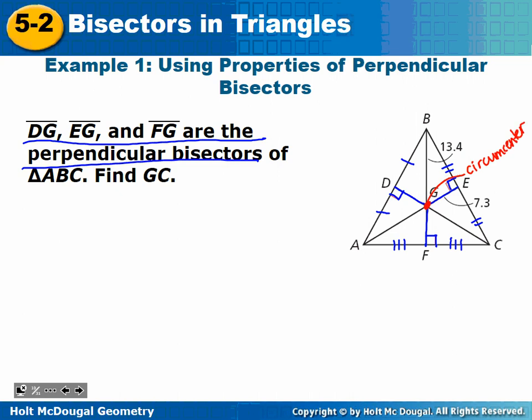Circumcenter. Okay, what does the circumcenter theorem tell us then that is congruent in our picture? So go back to your theorem. What's equidistant now? Okay, the circumcenter to the vertices. So name those distances.